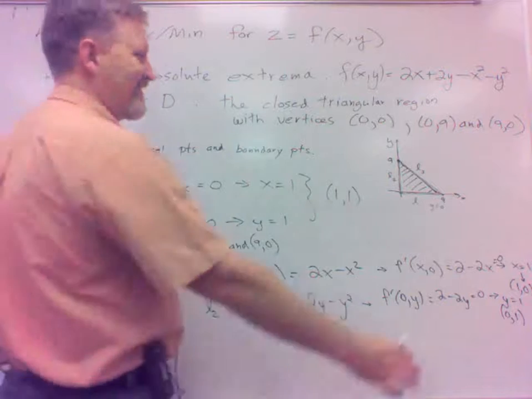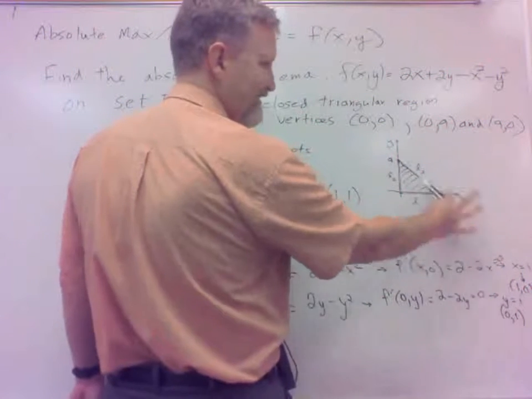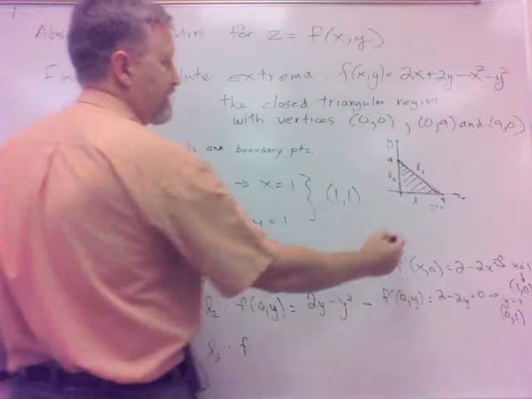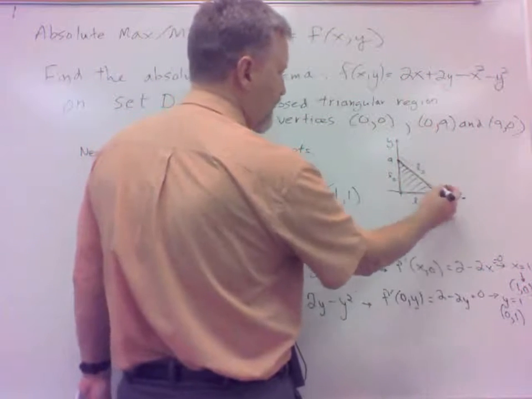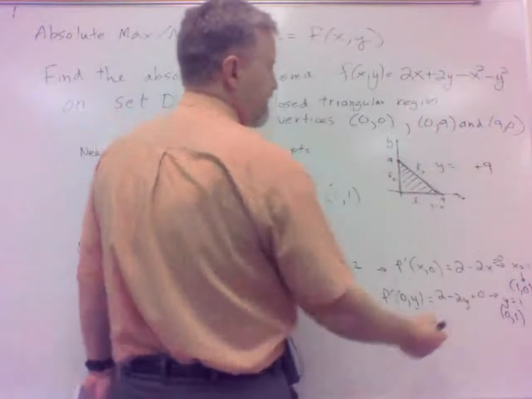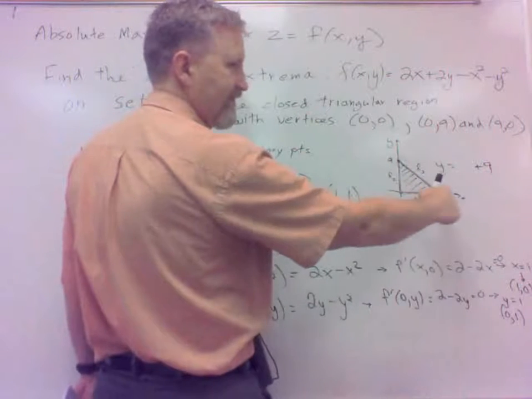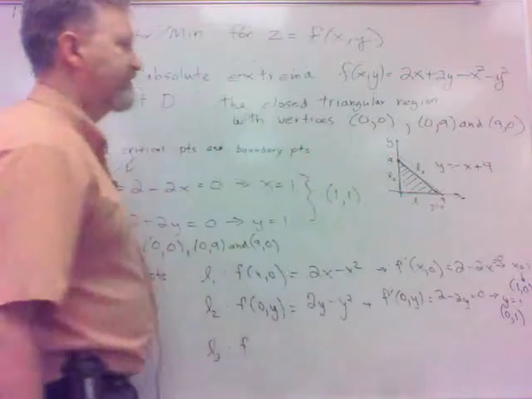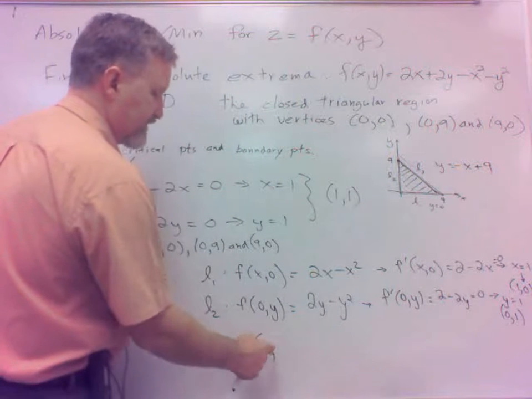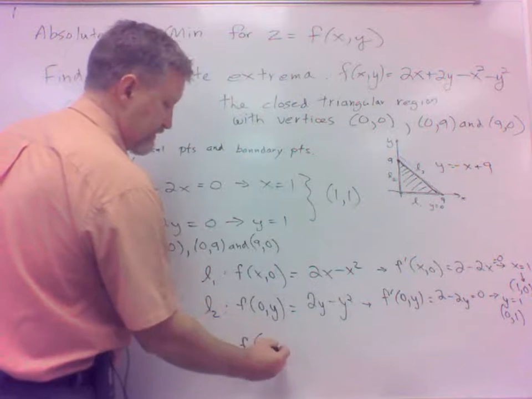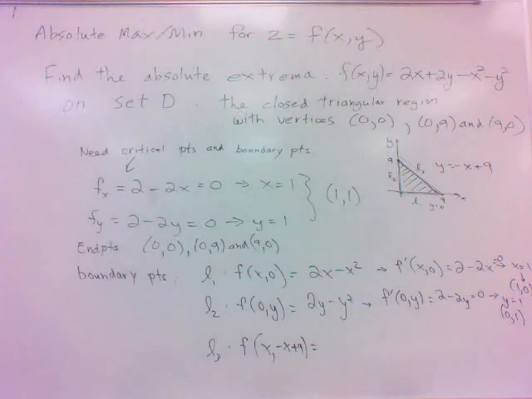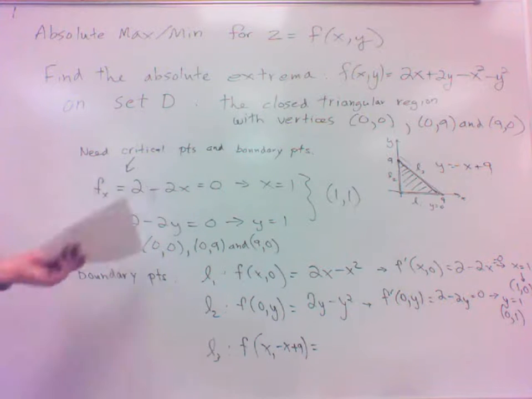Last but not least, then we've got to check this line. So in line 3, what do we got? Well, we've got a different line, don't we? If you do y equals mx plus b, the b is 9. The slope, negative 1. Okay. So on that case, we could say the xy, couldn't we, as x comma negative x plus 9, just to get it in terms of an x.